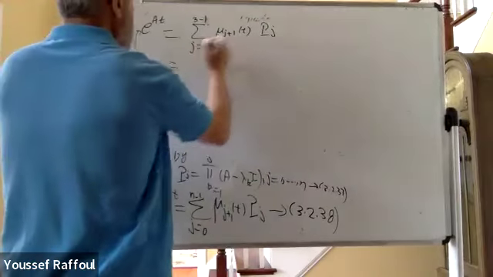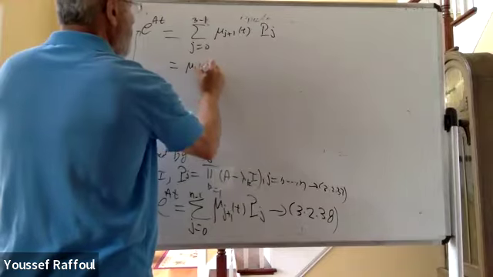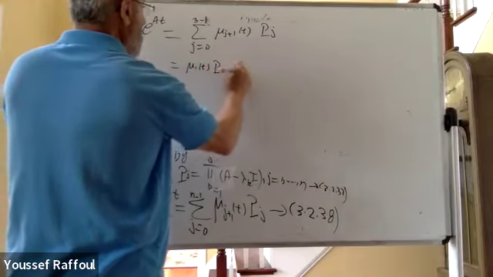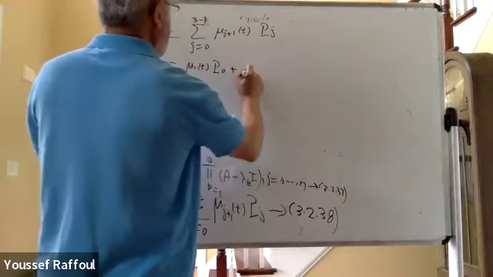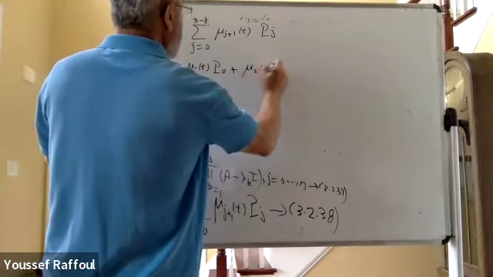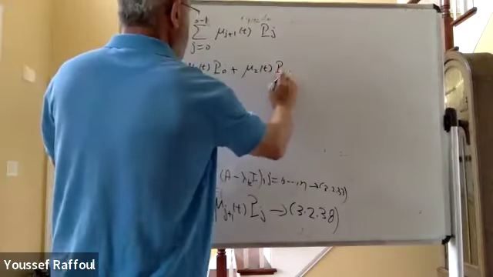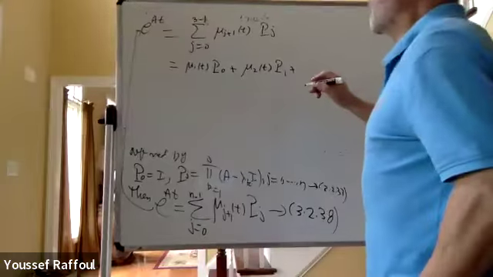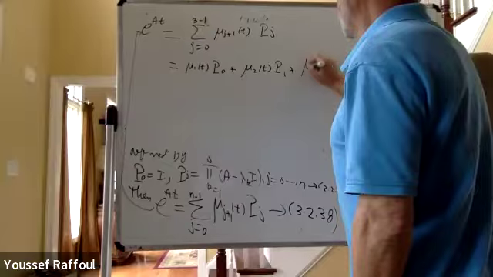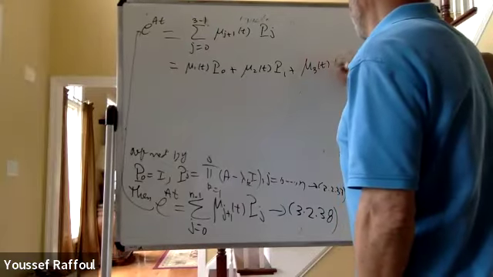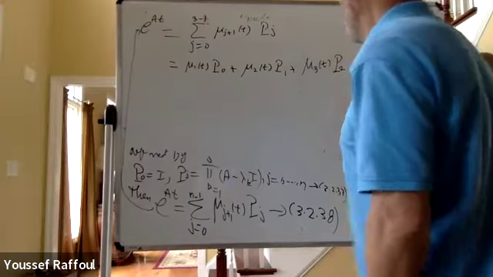And that is mu1 of t p0 plus mu2 of t p1 plus mu3 of t p2.